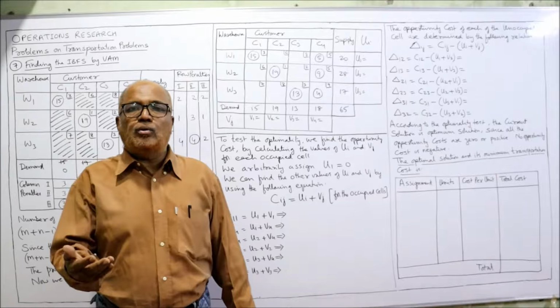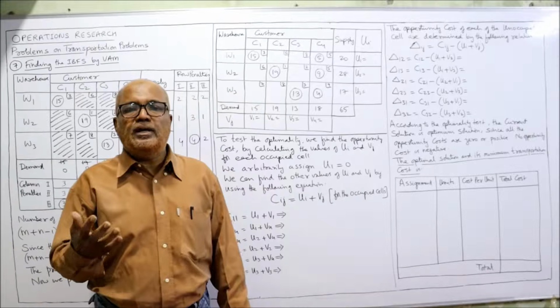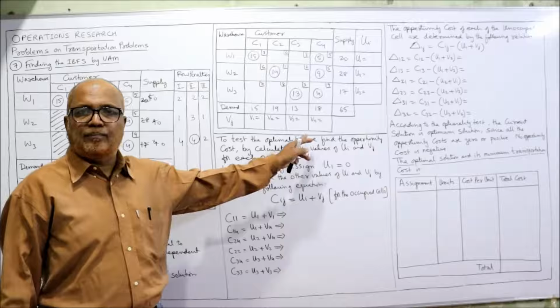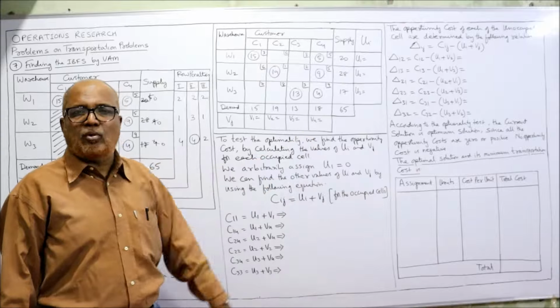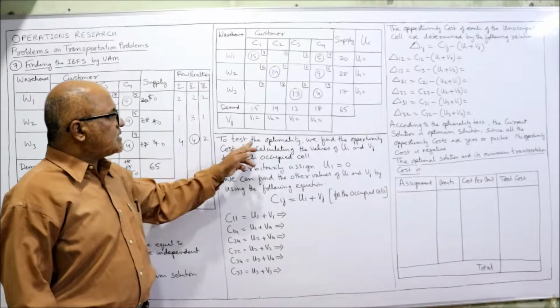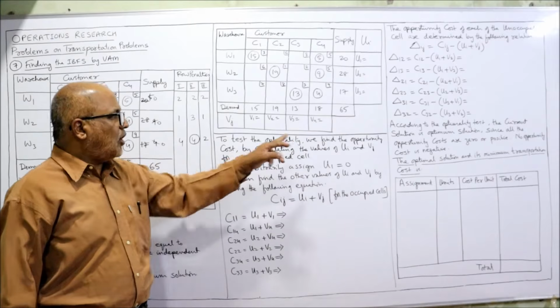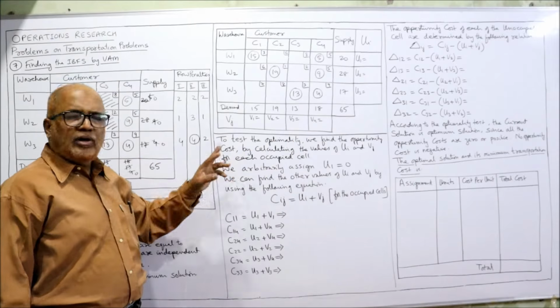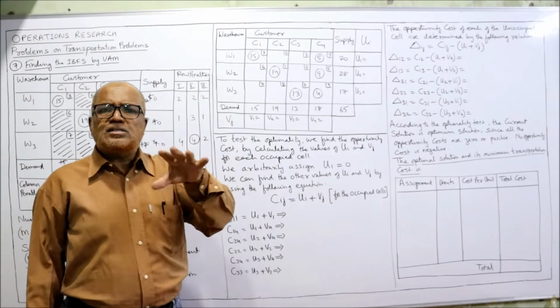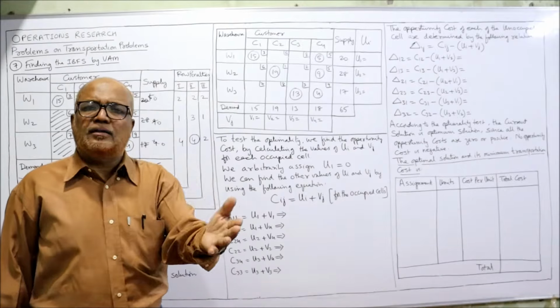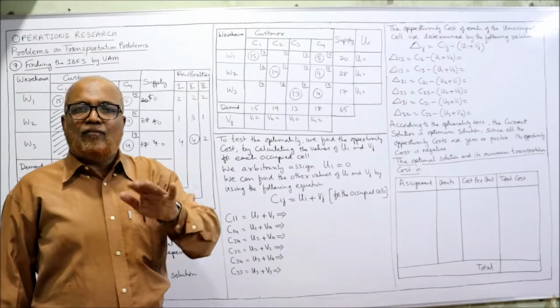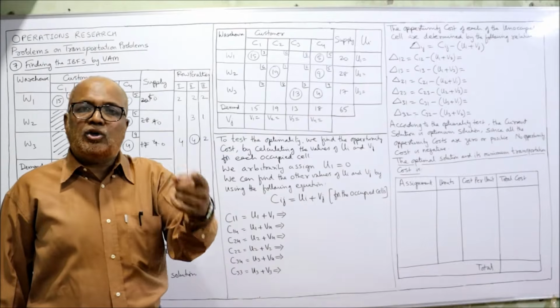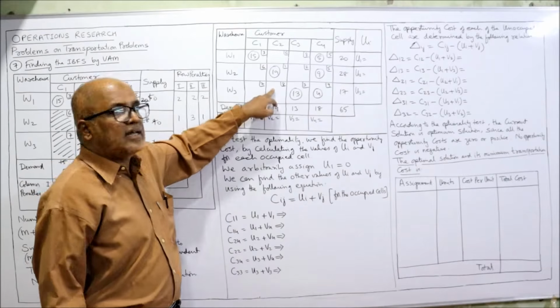So how to find out the opportunity cost? Now I am explaining. First time I am explaining, so give more concentration here. To test the optimality, we find the opportunity cost. What do you mean by opportunity cost? The cost incurred by occupying the unoccupied cell. What is the cost incurred by occupying that unoccupied cell?